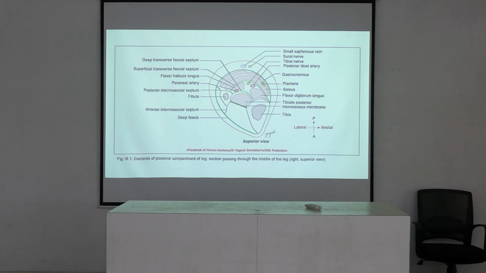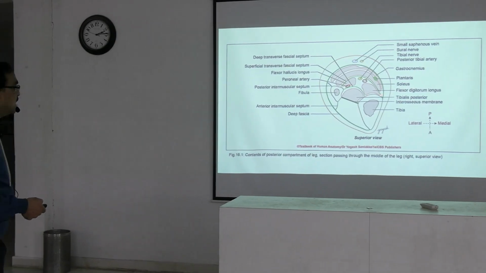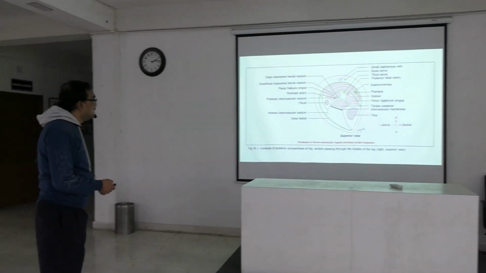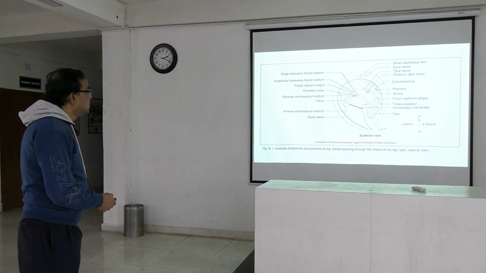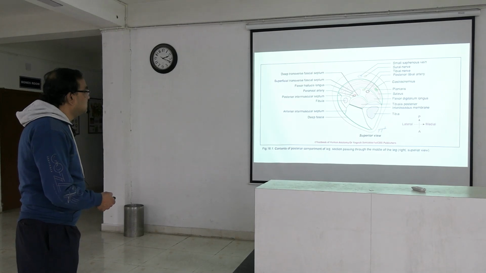And here it is posteriorly, it is been contributed by this deep fascia of the leg, and in front by the posterior intermuscular septum, part of the fibula, then interosseous membrane, then part of the tibia, okay, related to fibula and attached to the fibula.